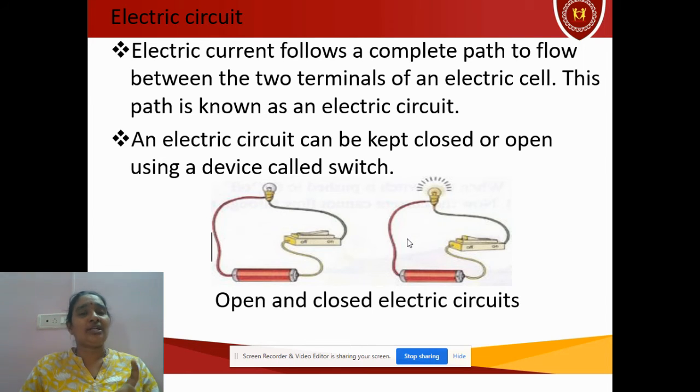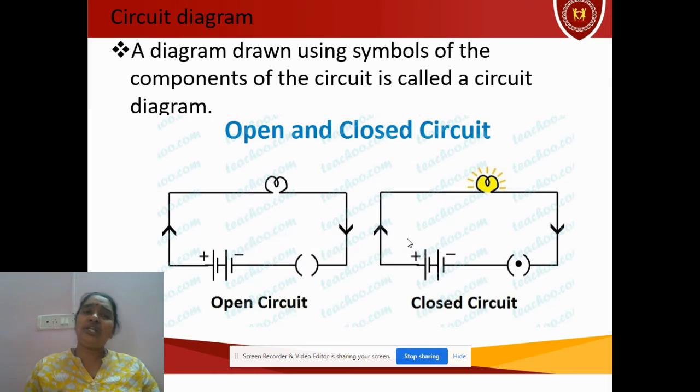This is called an electric circuit. An electric circuit can be kept closed or open using a device called a switch. When the switch is on, the bulb will glow. If the switch is off, the bulb will not glow. If the switch is off, it is called an open circuit. If the switch is on, it is a closed circuit. In detail, I will explain in the next video.